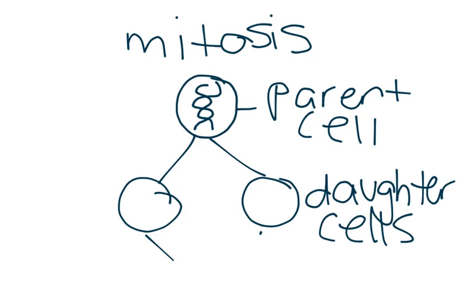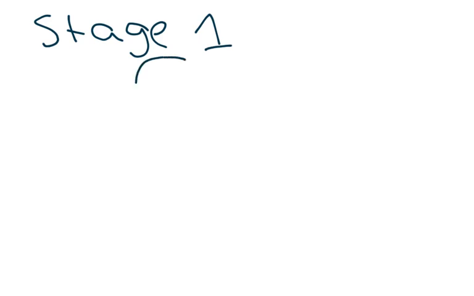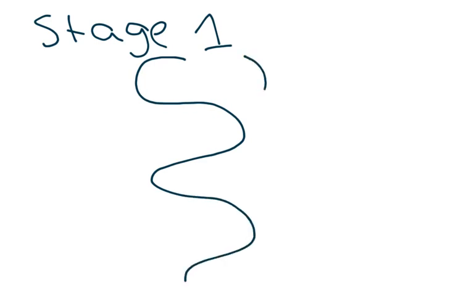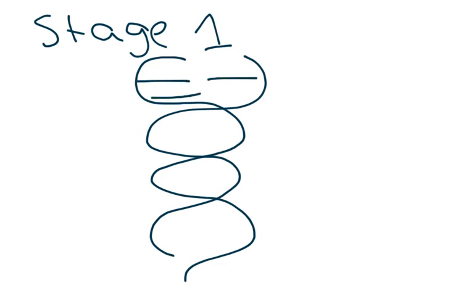So if you recall, we have our first stage, so we have stage 1. We'll quickly have that here. And we have our double helix. You've probably seen these pictures all over the place. And then we have these little rungs in here.